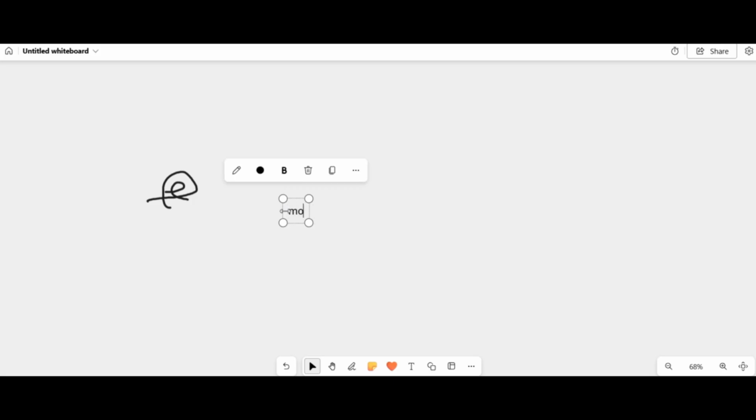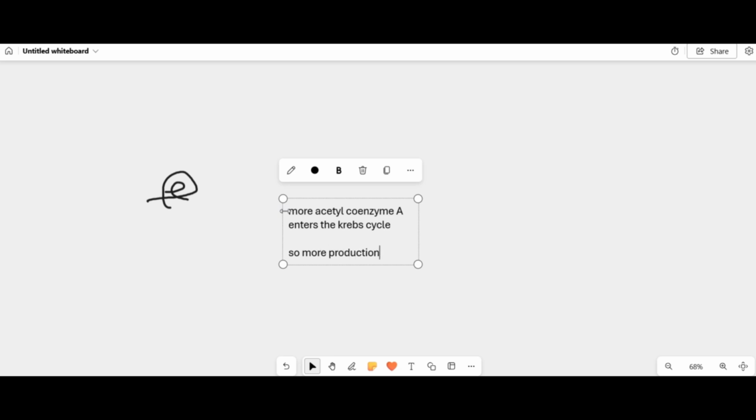So just write that down. More acetyl coenzyme A enters the Krebs cycle. As you know, the acetyl coenzyme A enters the Krebs cycle at the top. And so obviously more production, and then it produces NADH and FADH2, and hence more ATP.